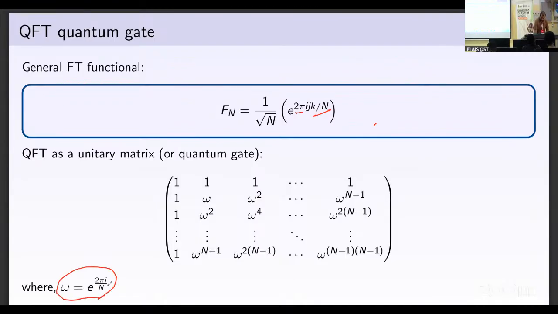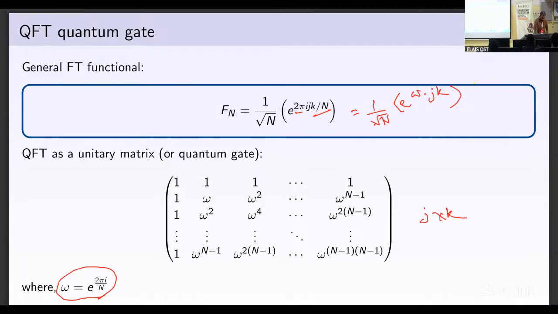So now it becomes 1 by root n omega to the power jk. So what is jk? The j and k are the basis states which are transforming into each other. So the dimension of the unitary matrix of the quantum Fourier transform will be j by k.